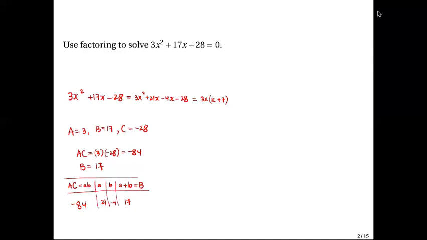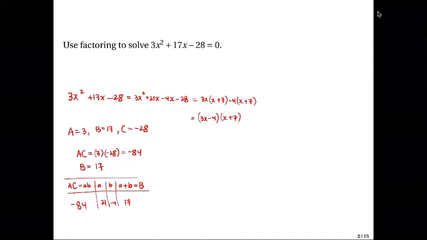And then for the other group, you factor out negative 4, and what will remain inside is x plus 7 as well. So we will be able to write this as 3x minus 4 times x plus 7.